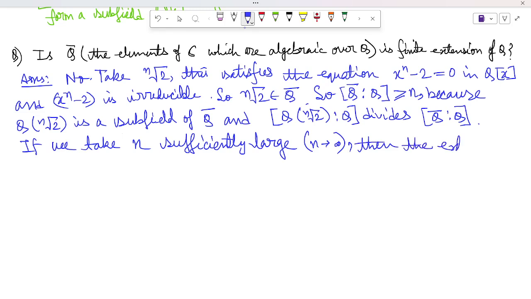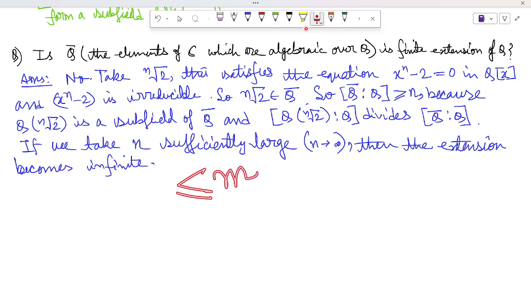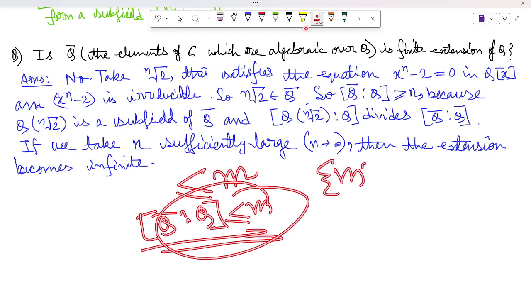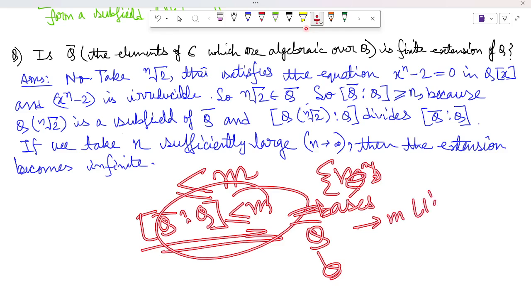Then the extension becomes infinite. If the degree of the extension is less than m, then the dimension is at most m, so any basis over this extension will have at most m linearly independent elements.